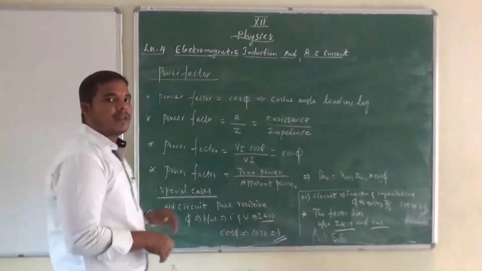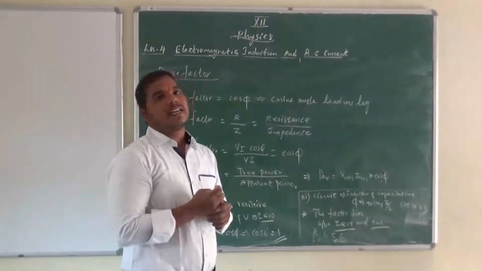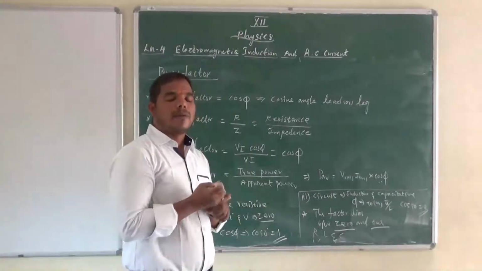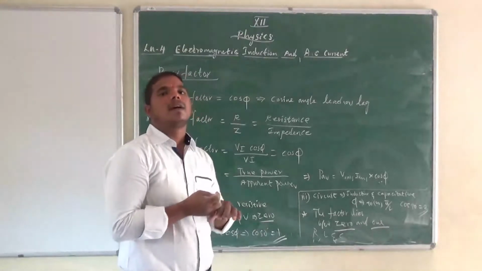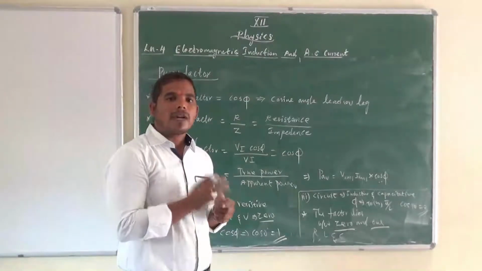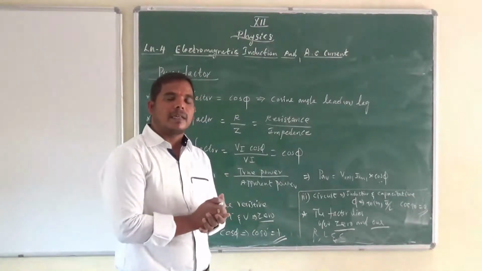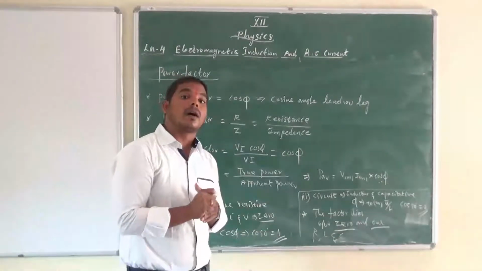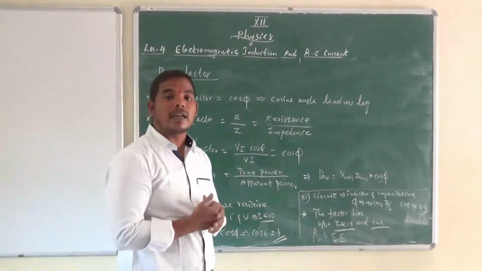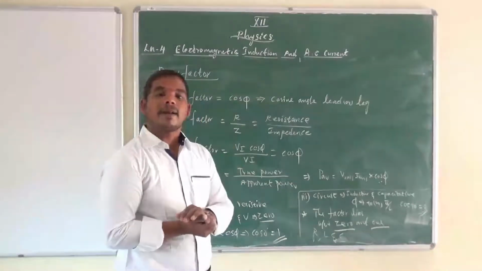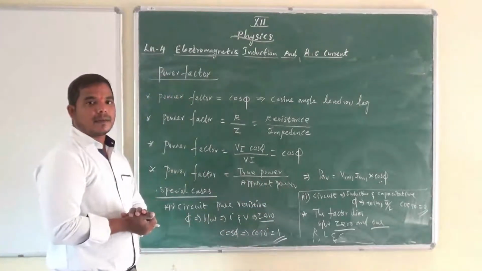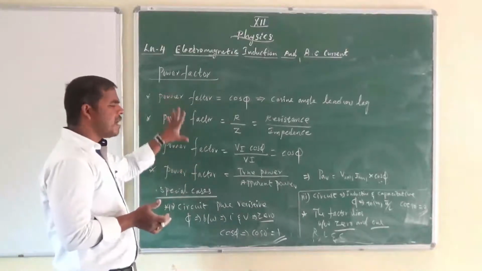So we have discussed in this class power in an AC circuit. The definition of power is simply the rate of consumption of electrical energy in that circuit. First we want to calculate power in a circuit, but we can't calculate it directly, so we calculate average power. How to calculate? Take the average over one complete cycle. We have discussed that. Next is power factor, which we can write in many ways.